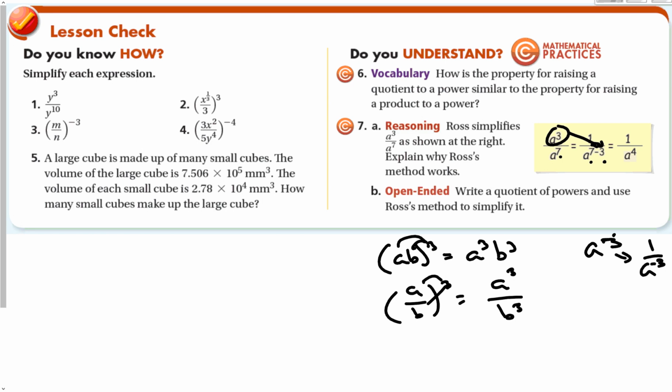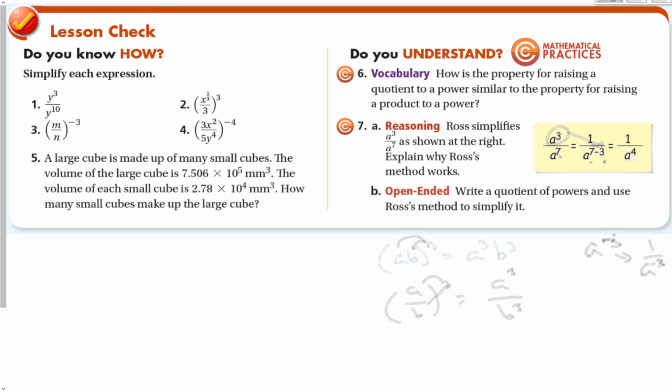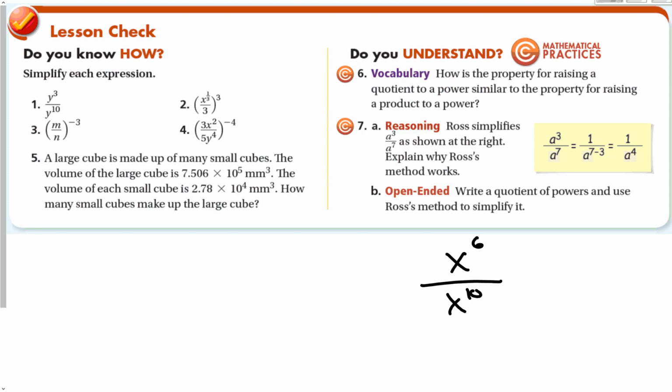Write a quotient of powers and use the above method to simplify it. Yeah, okay, let's take a look at this. Let's go x to the 6th power over x to the 10th power. So our first method would say 6 minus 10 is negative 4, and then we would have to move that to the bottom of a fraction.